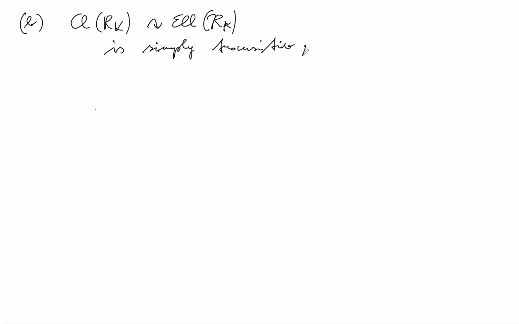And then by the orbit-stabilizer theorem, I'm able to count how many elements I have in my set L. And this is just the size of the class group. Okay, that's nice. So if I actually know the class number of R_K, then I also know how many elliptic curves I have with complex multiplication. Okay.